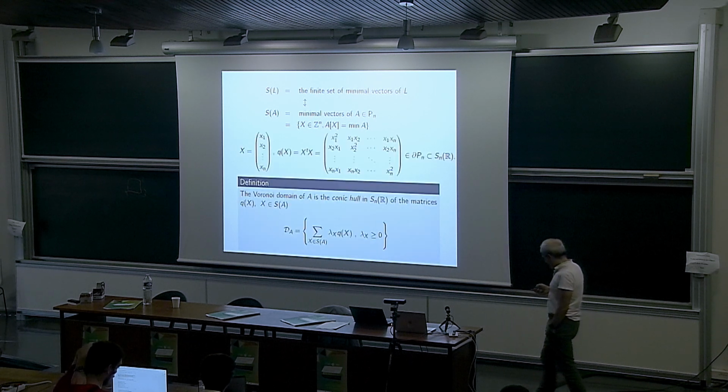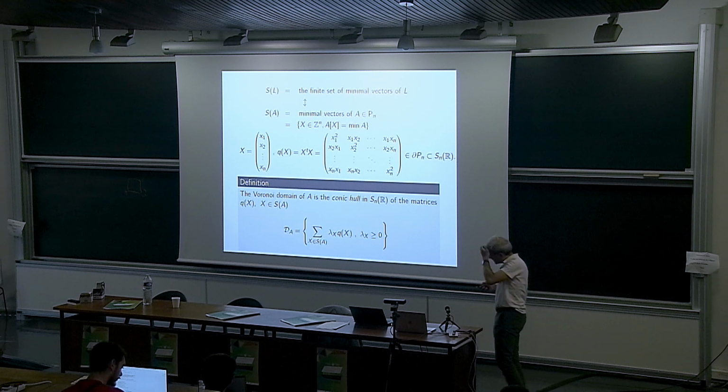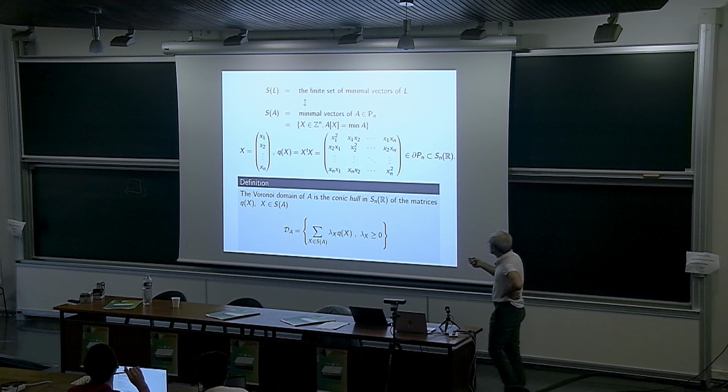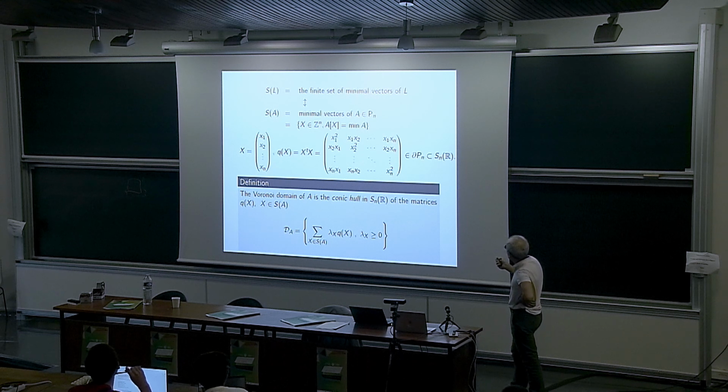And precisely, as I was mentioning before, to a vector x. So for me, vectors, unless otherwise stated, will always be column vectors, so that when I write the product x times x transpose, I get this matrix, which of course by construction is a symmetric matrix.